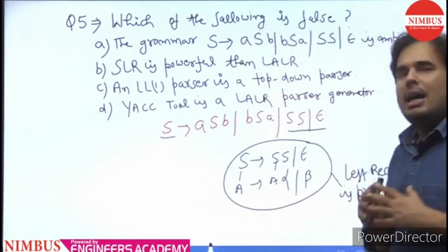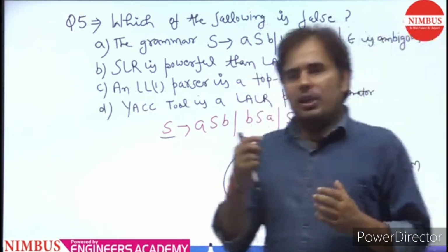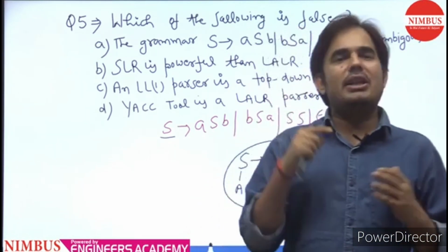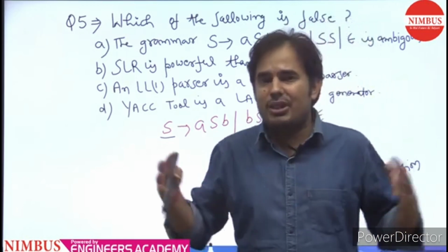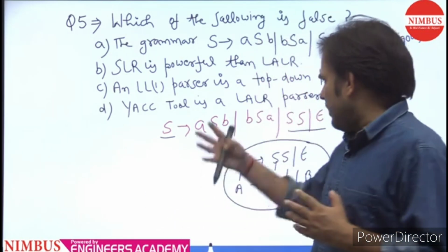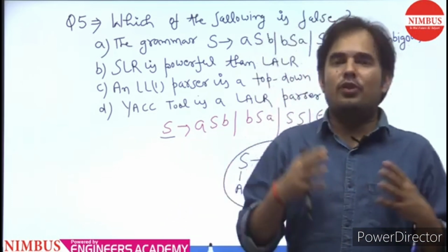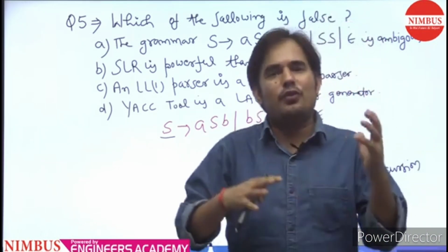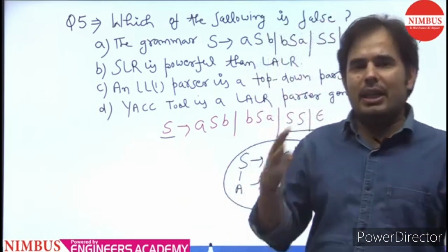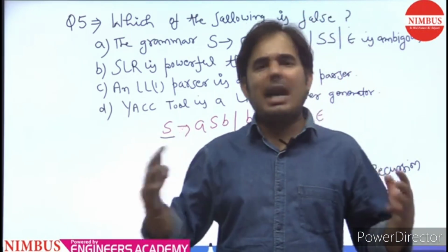This is one way, and the other way is that you need to generate the parse tree for any string that is generated by the given grammar. If you are getting more than one parse tree for a single string, then the grammar is definitely ambiguous.